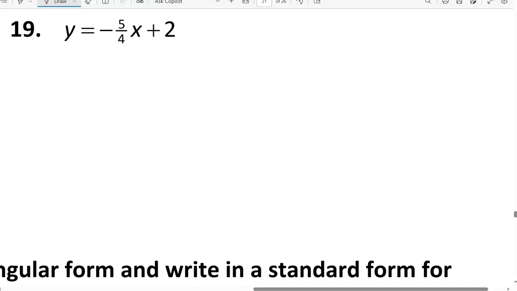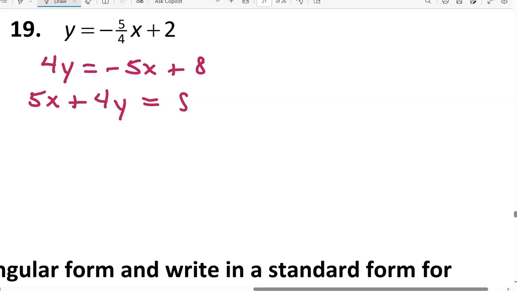In number 19, we have the equation of a line. Lines are most easily converted into polar form if written in standard form first. So multiply through by 4. Move the 5x to the left side of the equation. And now we have a standard form equation.